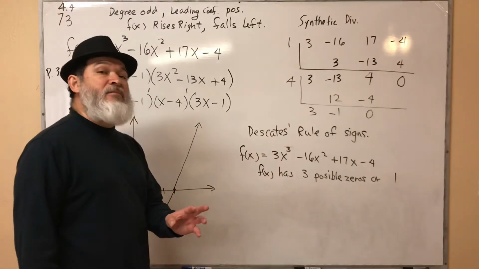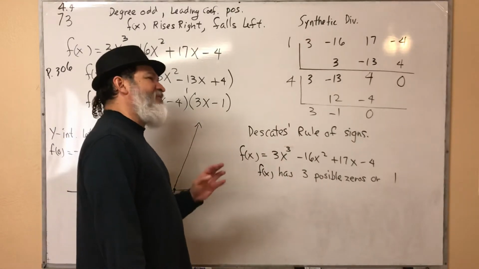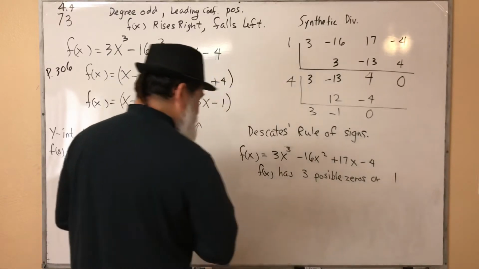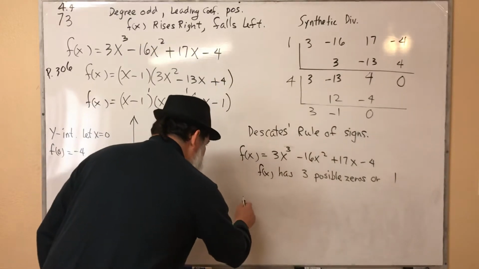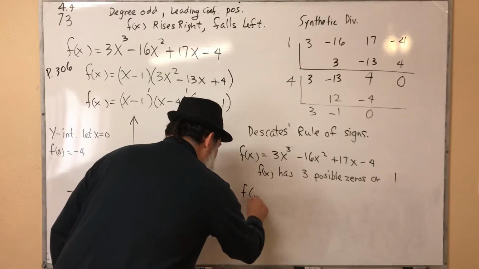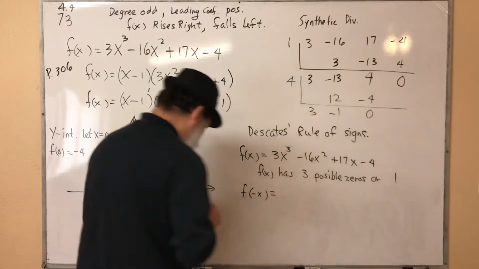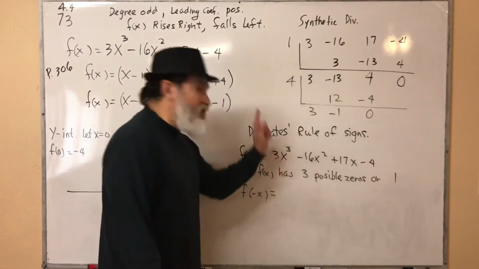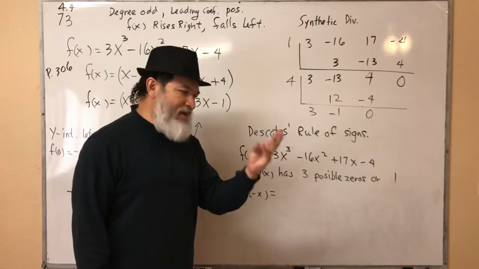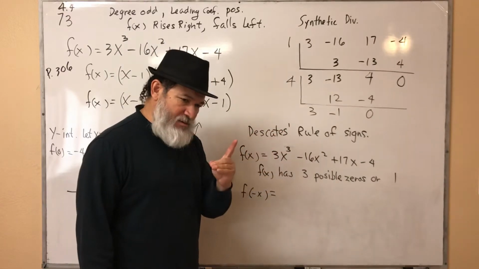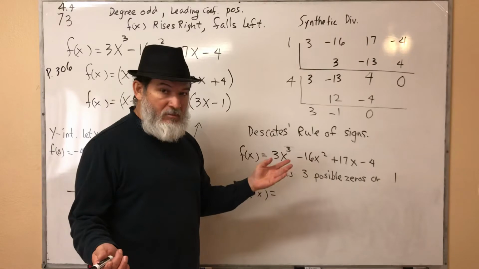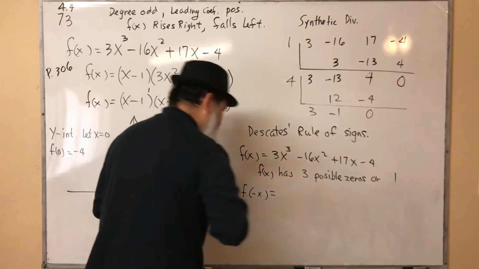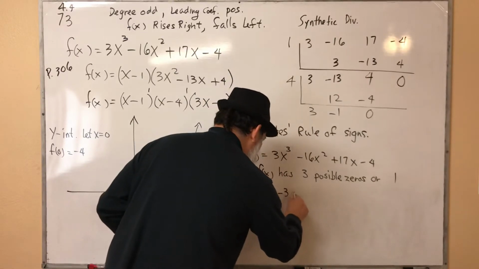How about the negatives? How about the negative real zeros? You try this. F of negative x. You plug it in. So what's negative x cubed? What's negative x times negative x times negative x? That's negative x cubed. So negative x cubed times 3 is a negative 3x cubed.